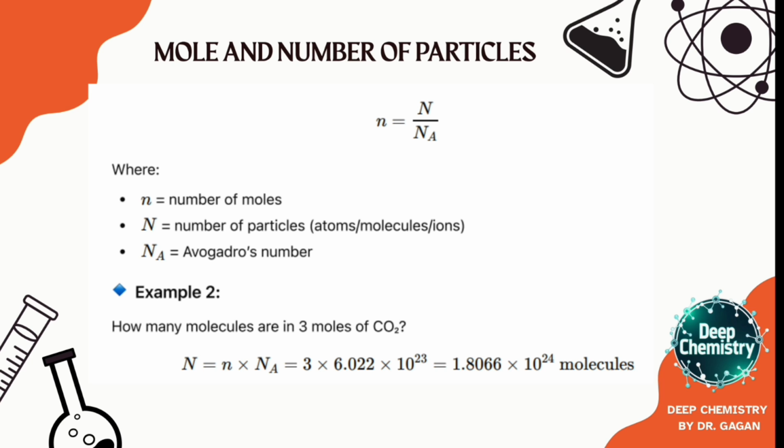Then total number of molecules will be 3 × 6.022 × 10^23, that is equal to 1.806 × 10^24 molecules. That's a huge number. Now you see why chemists prefer moles instead of counting molecules one by one.